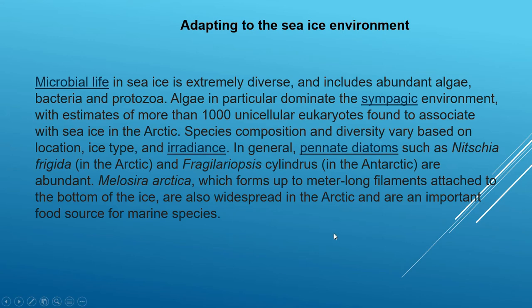Species composition and diversity vary based on location, ice type, and irradiance. Irradiance, I will describe later on in this video segment, is tied into albedo and sunlight energy, reflectance, absorption, that sort of thing.